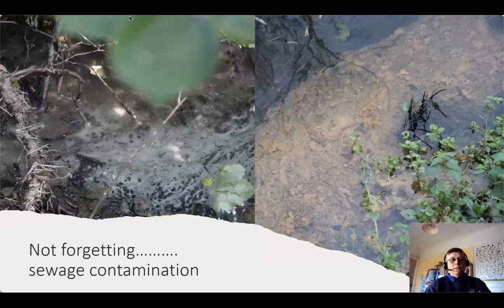Okay, one of the other things that we shouldn't forget, and I am increasingly seeing, is sewage contamination. Although it's largely treated, there's still a large amount of nitrate and phosphate that enters the water system.